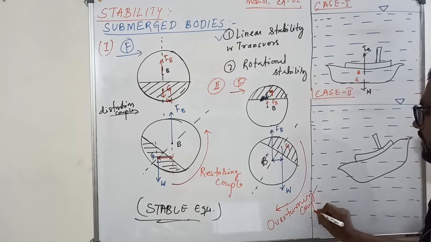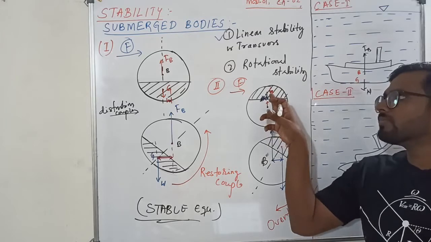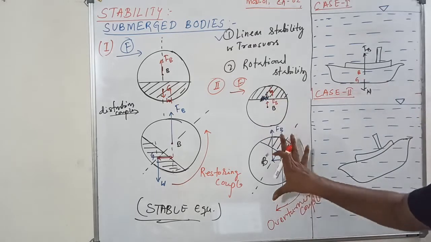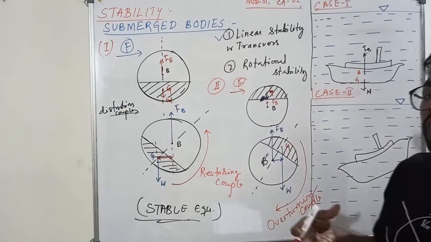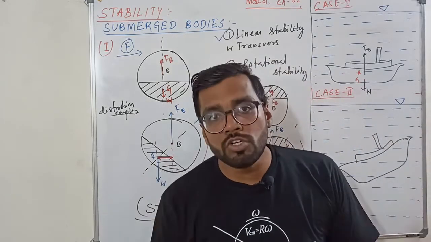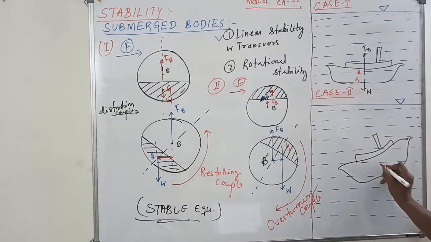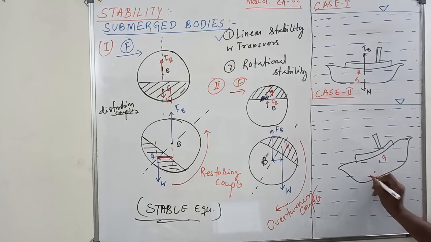Overturning couple. So if your centroid is above the center of buoyancy, there will be an overturning couple which disturbs the equilibrium, and which we do not like. It means your submarine will sink in this case, when your CG is above your CB.